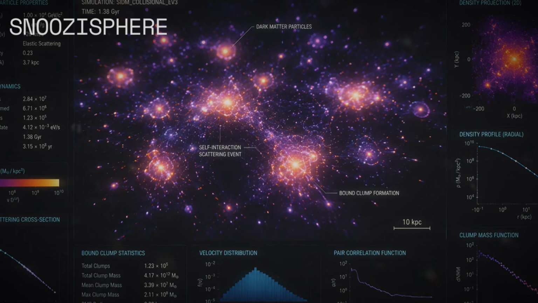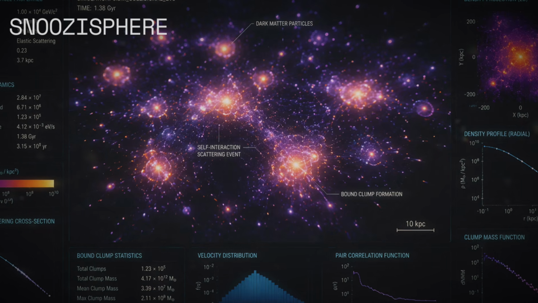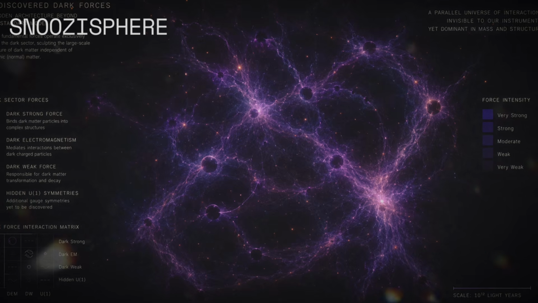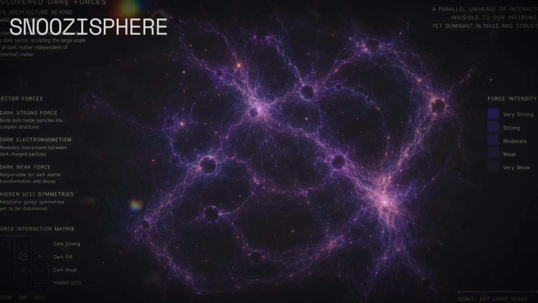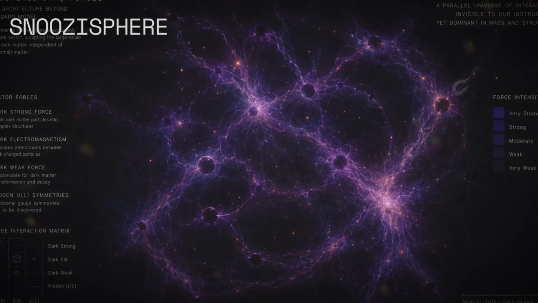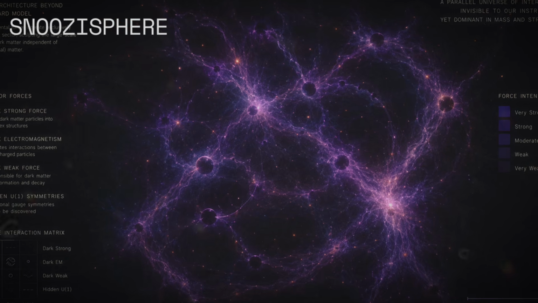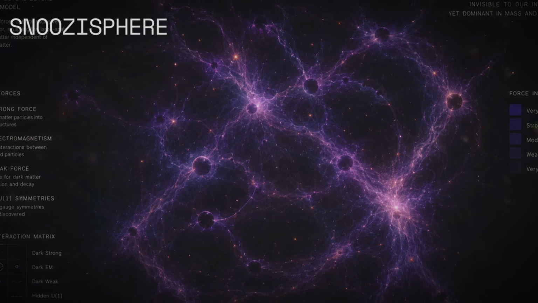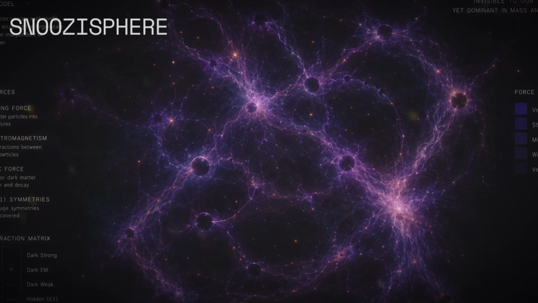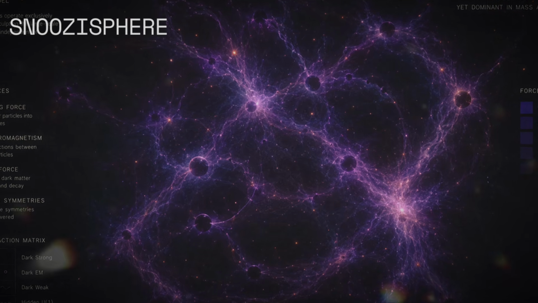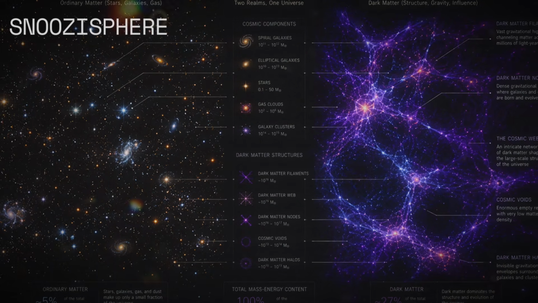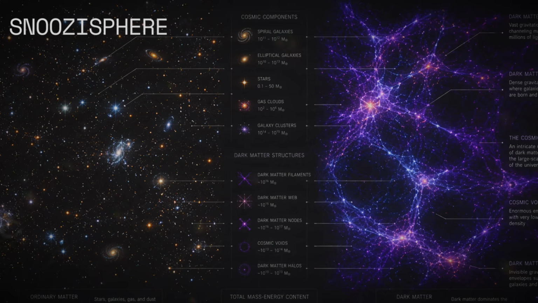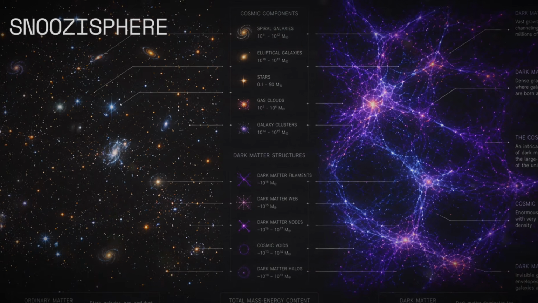We cannot see it, we cannot taste it, and it passes through your body right now without leaving a trace. It is a ghost that holds the stars in place. It makes up the vast majority of our neighborhood's weight, yet it remains silent. Scientists estimate that for every gram of normal matter, the stuff that makes up trees, oceans, and your own heartbeat, there are 5 grams of this mysterious substance.